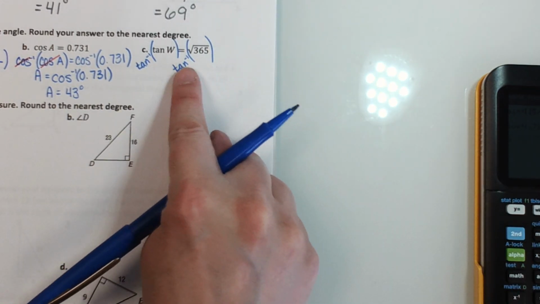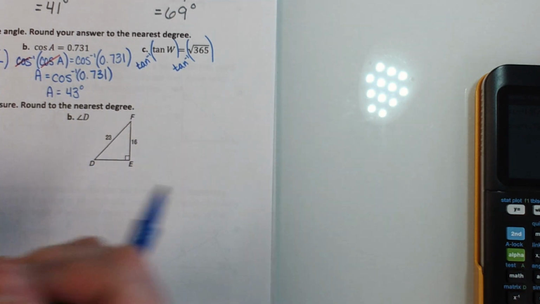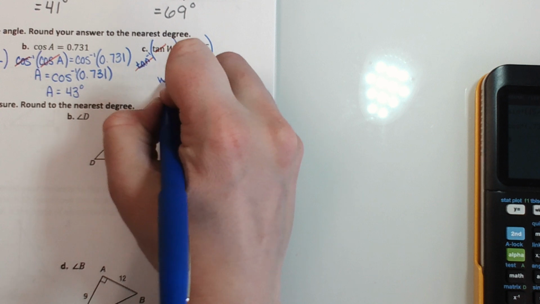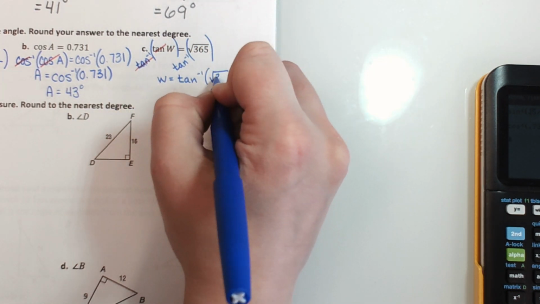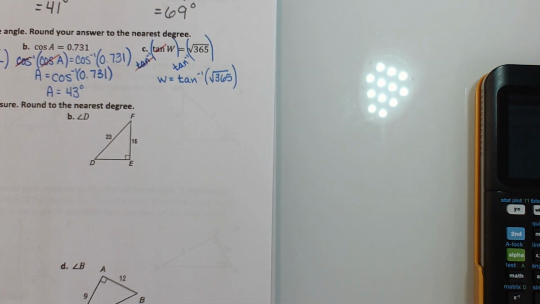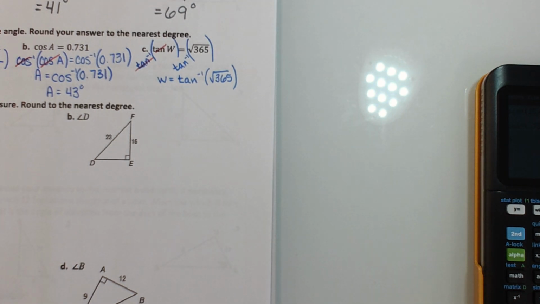That way it's kind of as in front as I can get it without writing over the stuff. Those will still cancel out. And W is tangent inverse of square root of 365. In fact, I don't even necessarily always write it this way. I'll be honest.